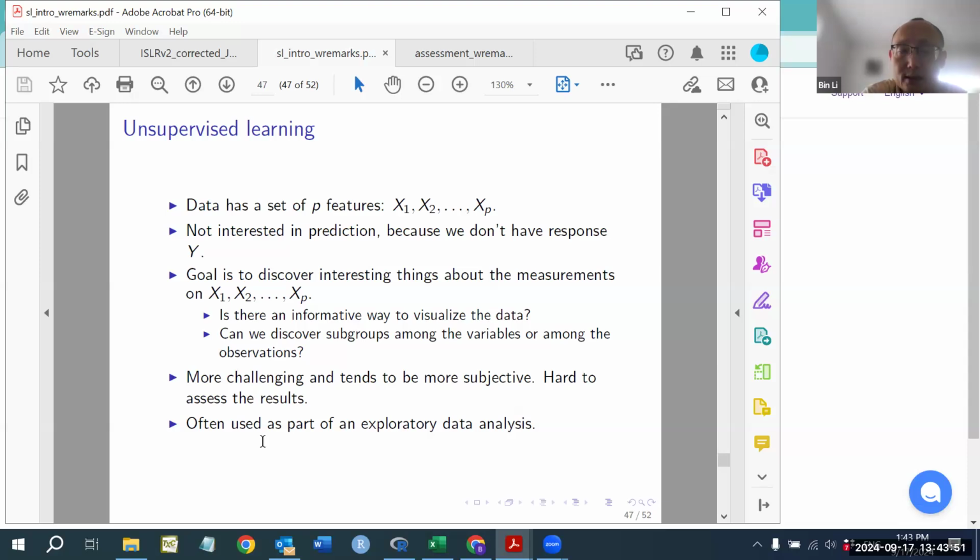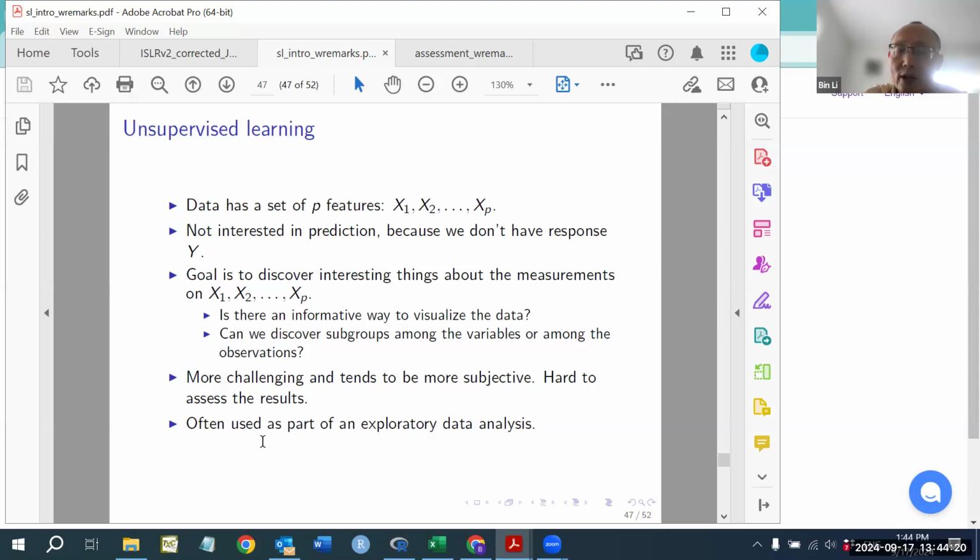So most of the time we are not interested in prediction for unsupervised learning, because we don't have a response variable. The goal in unsupervised learning is not prediction, but trying to find something which is not expected or unknown, something interesting from the data set.